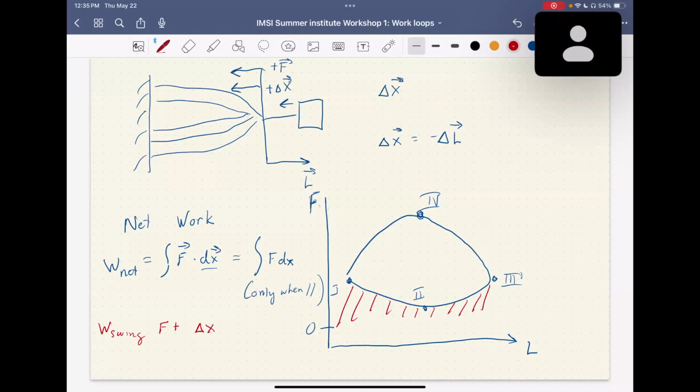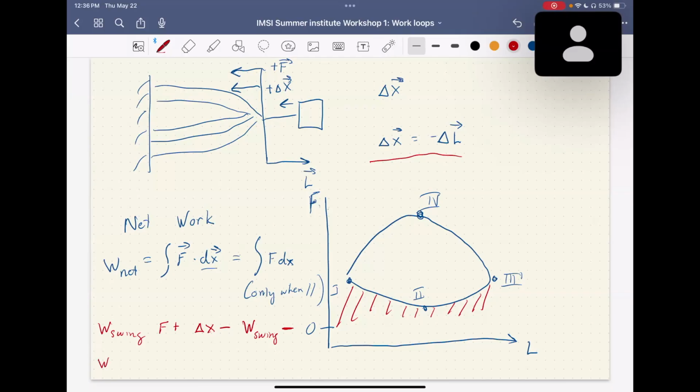Delta x is negative because our length is increasing, and remember, delta x is negative delta L. And so our work during swing is going to be negative. That makes a lot of sense, right? Any force that the extensor muscle is producing during swing is going to be resisting the flexion of the hip.